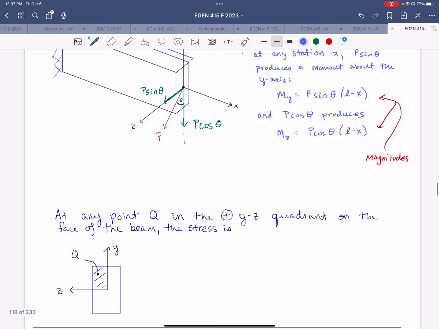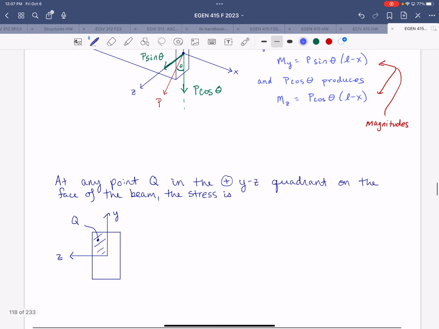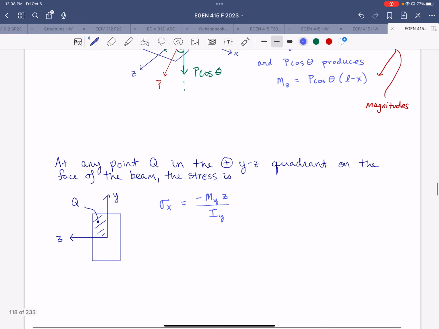Considering the direction shown for this applied skewed load, the normal stress in the positive quadrant would be negative My times the variable distance z, the coordinate to Q, divided by Iy. That's because the moment about y causes compression in the positive Q quadrant.